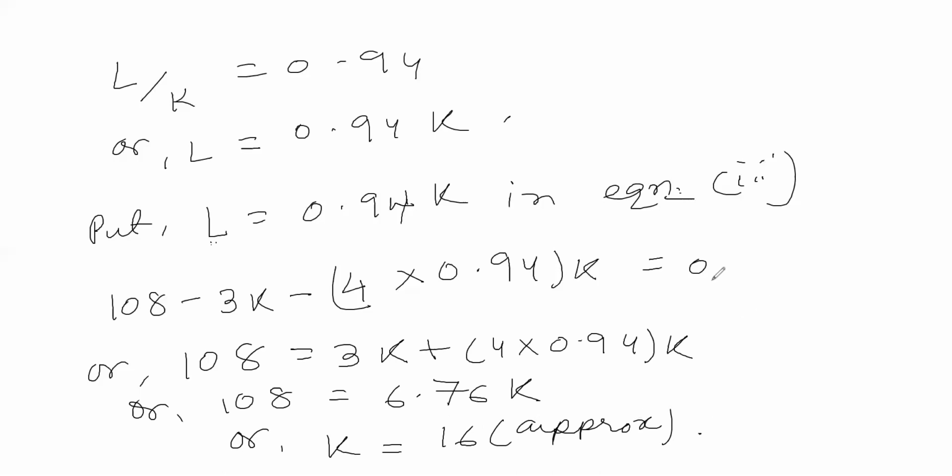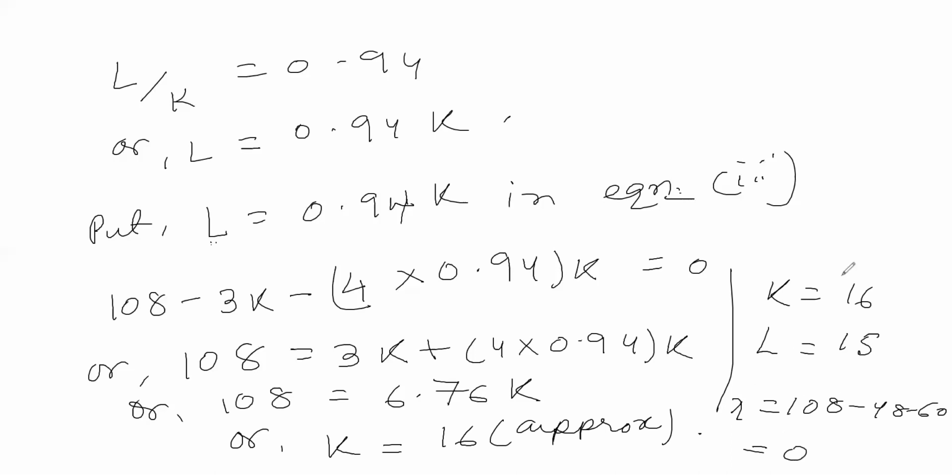Okay, now if you have got the value of k, then you can automatically solve for L. I will not show it again. You do it by yourself. You will get 15, and then lambda is simply equal to 108 minus 48 minus 60, which is equal to 0.